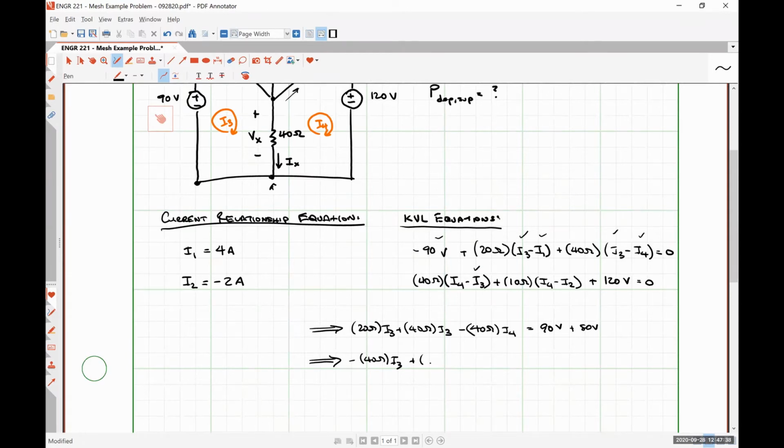We're going to see positive 40 ohms times I4, which takes care of that guy, plus 10 ohms I4, takes care of that guy, 10 ohms times negative I2, so 10 times negative 2, 10 times positive 2, that's going to be 20 volts. When we move it to the other side, it's going to look like negative 20 volts. And when we move 120 volts to the right-hand side of the equal sign, that's going to be minus 120 volts.